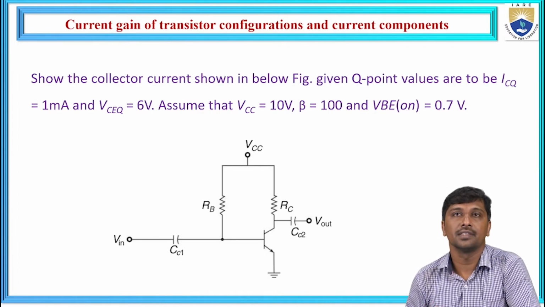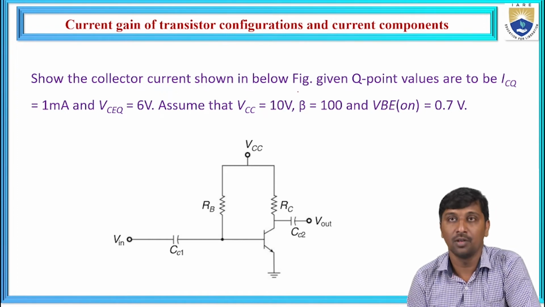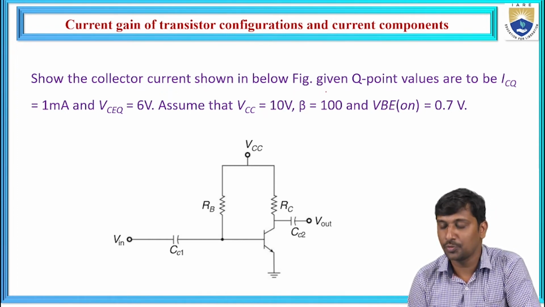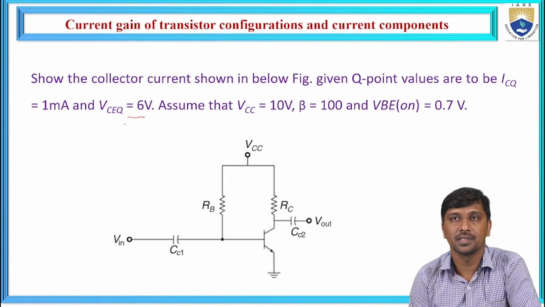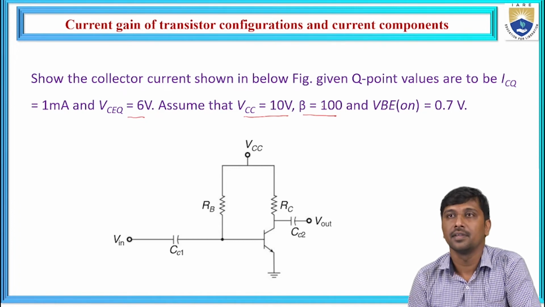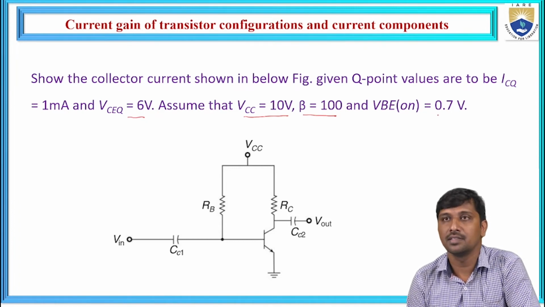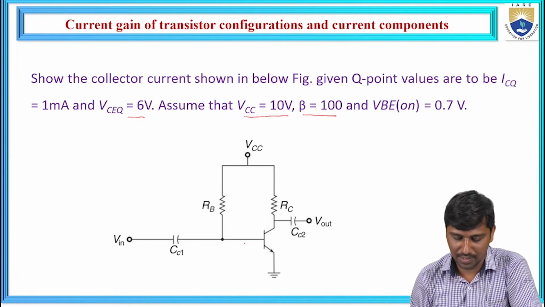Now, another question is: find the collector resistance in the figure shown below, given the Q point values ICQ is 1 milliampere and VCEQ is 6 volts. Assume that VCC is 10 volts, beta is 100, VBE on is 0.7 volts. So this is the given circuit.